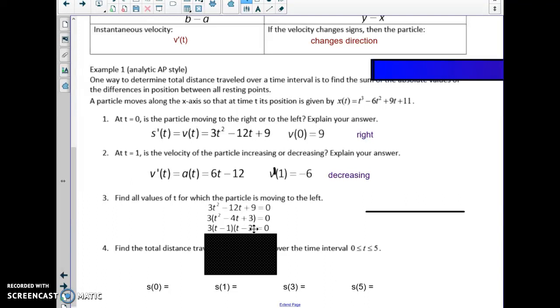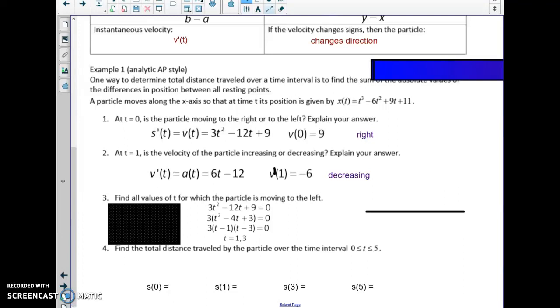And these two numbers are going to go on my number line, so we can use our number line method. I'm going to put 0 on there, because that's my starting point for this moving particle. And then I have a 1 and I have a 3. And I'm going to do, again, good old-fashioned number line. I'm going to test values. So to the right of 3, I have positive values. To the left of 3, but to the right of 1, is negative.